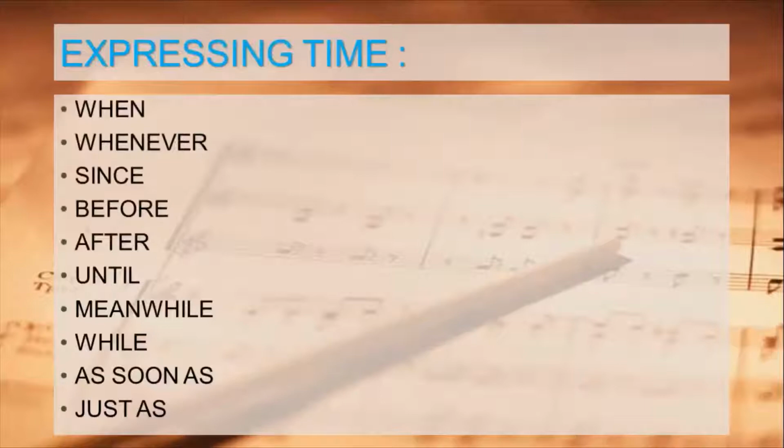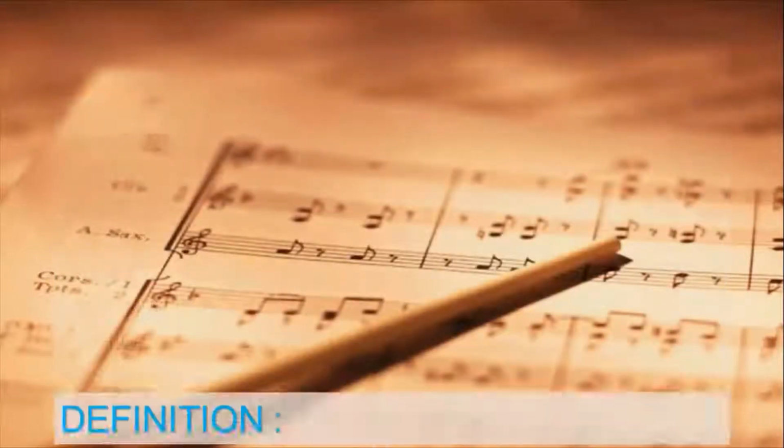Especially this is applicable for task one graph, where you have changing graphs, and years and times are mentioned. At that instance you can use these words. We will be discussing the usages for sentences shortly, so don't worry. Just understand these are used for expressing time.